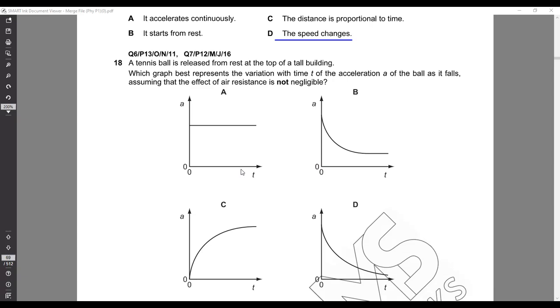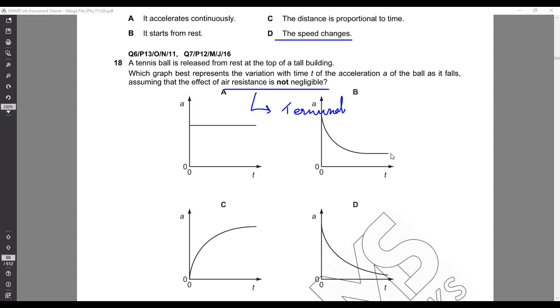Your answer is right. Fatma, it's not B. Are you familiar with terminal speed? If there is air friction, air resistance is not negligible. The object will finally reach a terminal speed. When an object is falling with terminal speed, what will be the acceleration? Will it be accelerating or moving with a constant speed? Constant speed. So moving with a constant speed means acceleration will be 0.